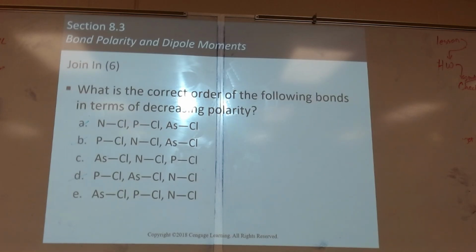On here, they have the same electronegativity, so wouldn't nitrogen and chlorine be just covalent? Oh, yeah, it would be the least difference. Chlorine's actually slightly more electronegative, but yeah, it would still be the least difference, right? Yeah.